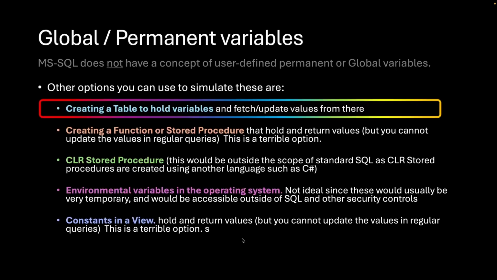So here are some options that you do have, right? You can certainly create a table and store variables in there, and then you can update the variables, right? You could create a table and then add a row that says, my department's email address, and then have the email address, and then later on you could go select star from my variable table, from my table, and then get the email address from there every time.